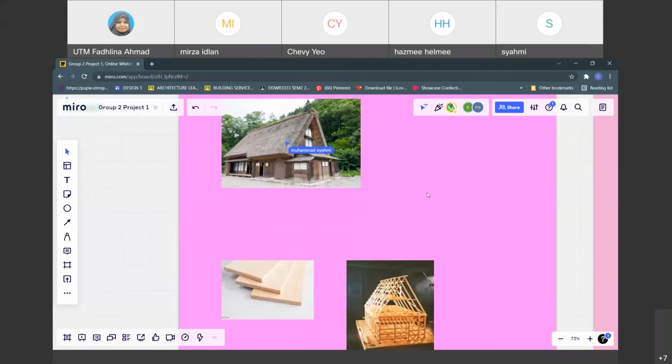So which part of the house are you going to build for your physical model? Is it everything? You can just choose one specific part of the overall house actually. For instance, you are talking about the construction, right?